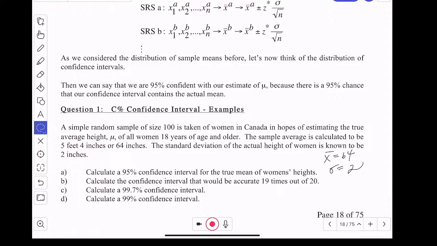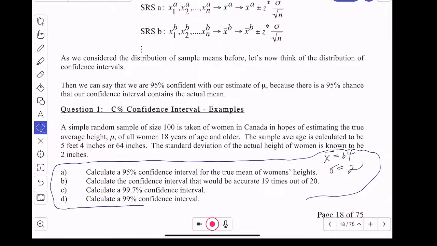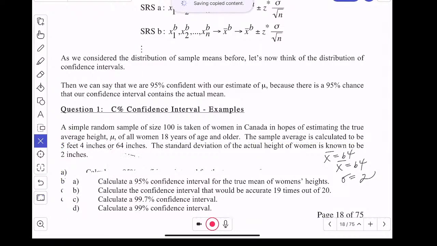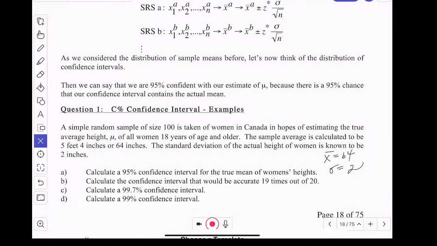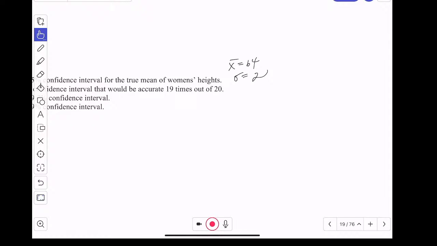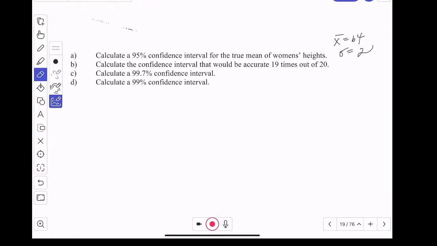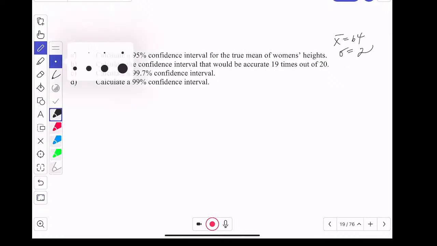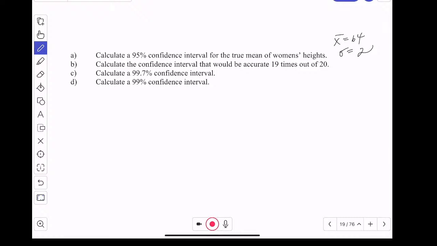So I'm going to take these onto a new page. Calculate a 95% confidence interval for the true mean of women's heights.